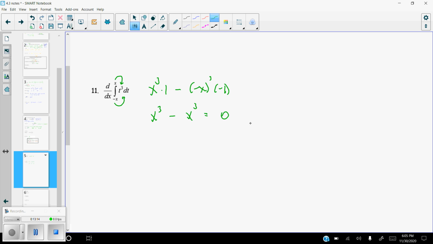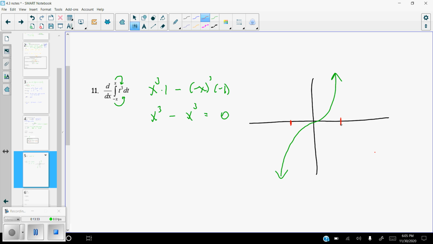Now, if you really think about this, let's sketch the drawing of this one. t cubed looks like this. So if I was to go from negative x to positive x, it's the same distance left and right.